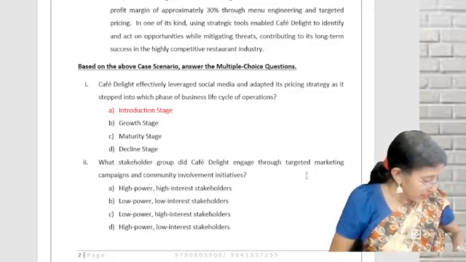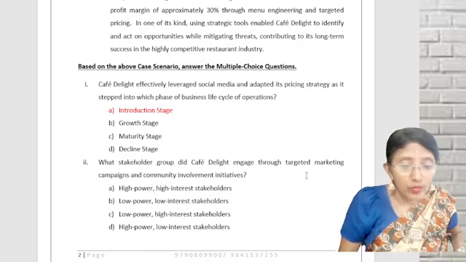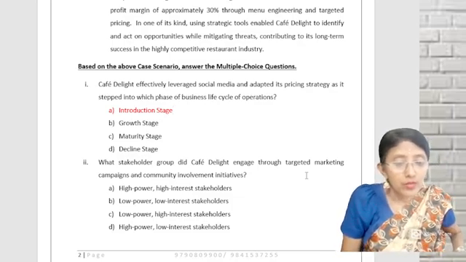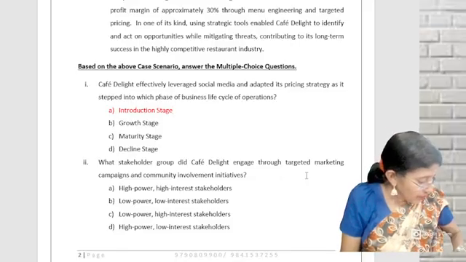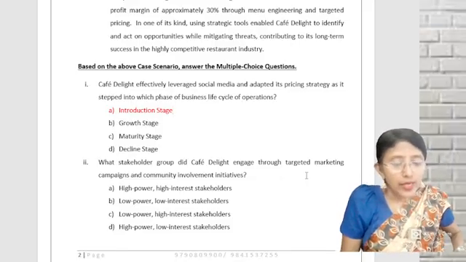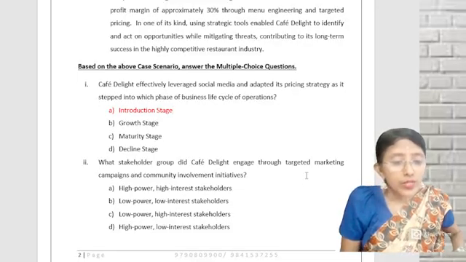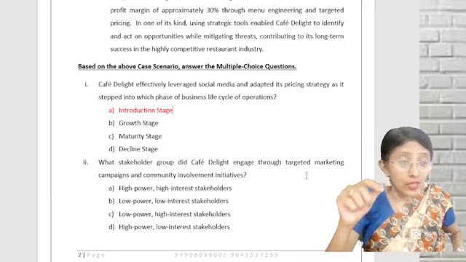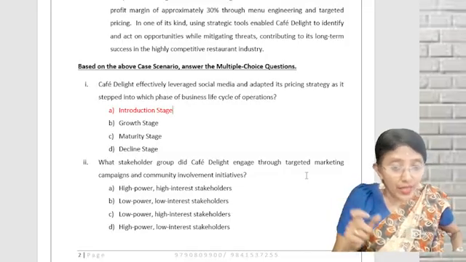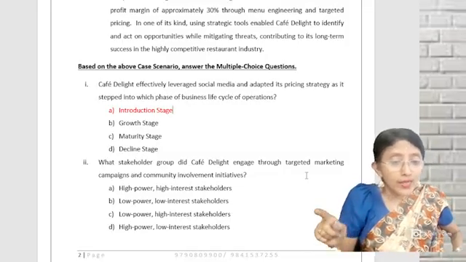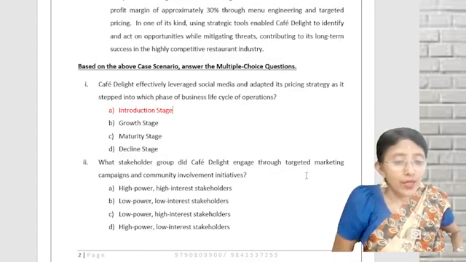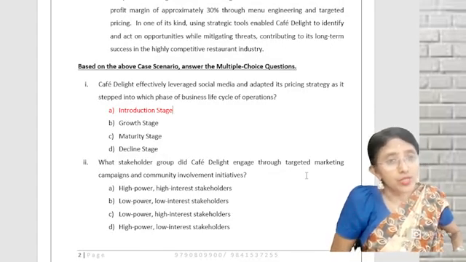Very good. Excellent answer. What is the answer you gave me? Option C. Low power, high interest. Which stakeholder group did Cafe Delight engage through targeted marketing campaigns and community involvement initiatives?